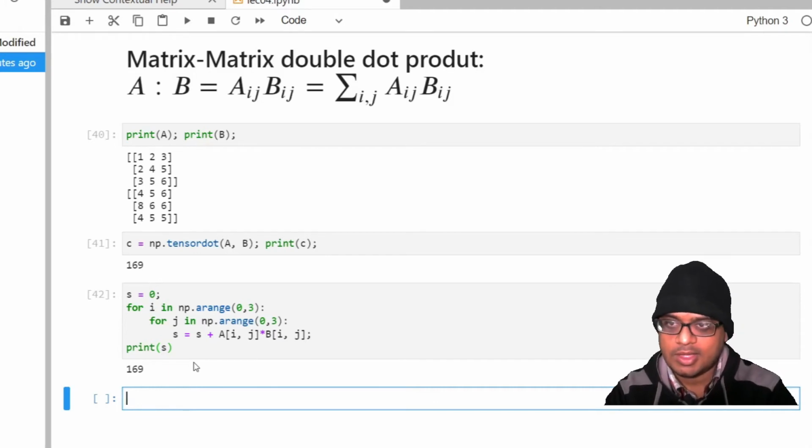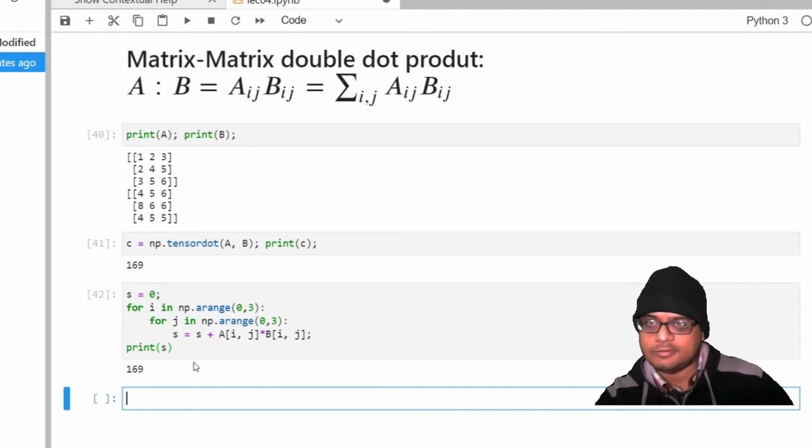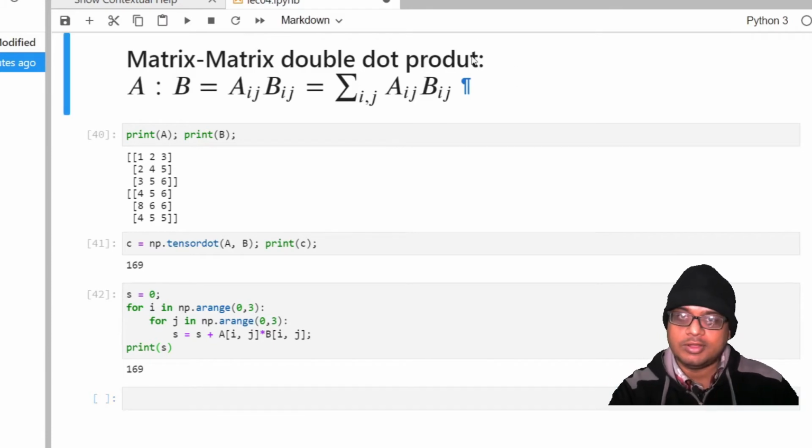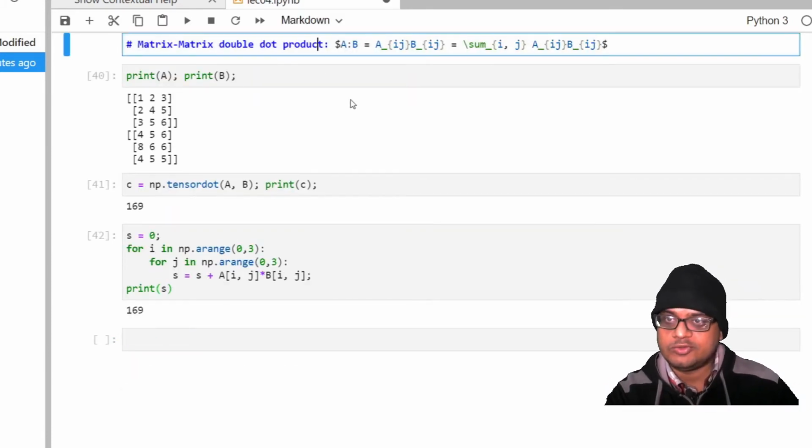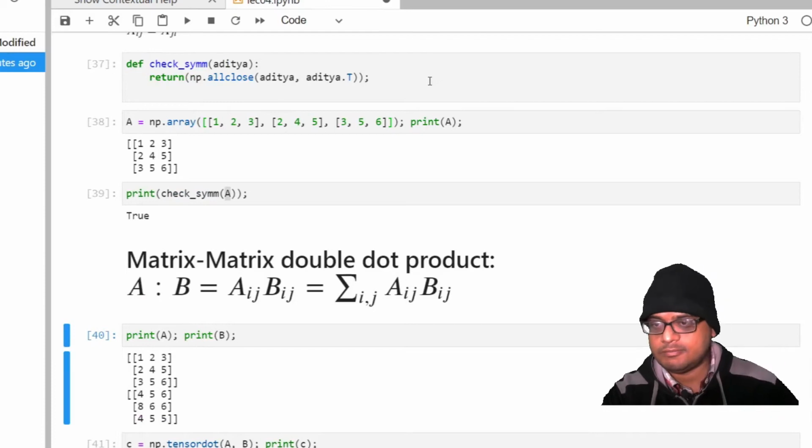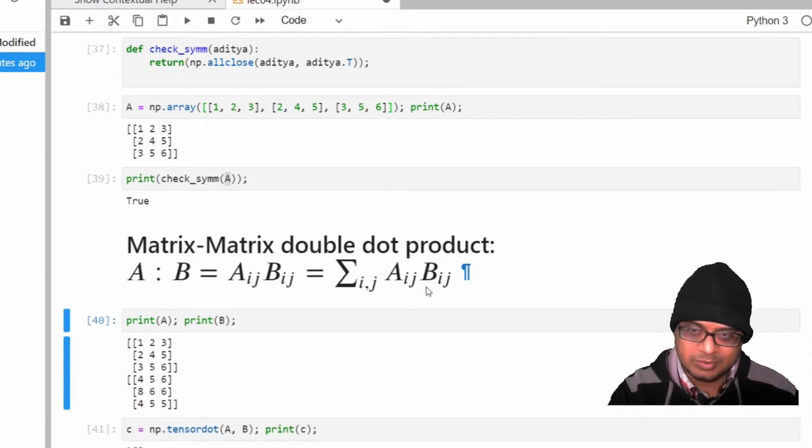This kind of double dot product is typically used in finding out terms like viscous dissipation.